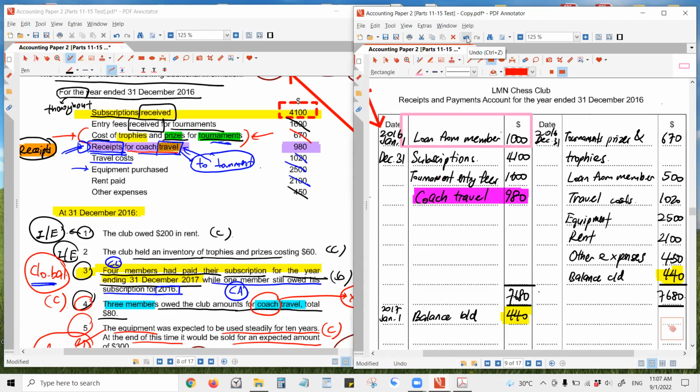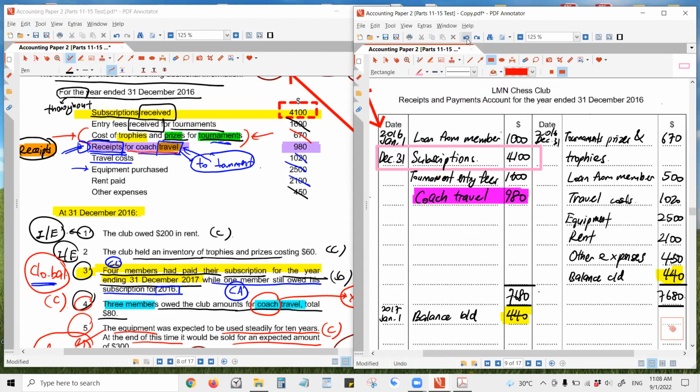I'm looking at the debit side of the receipts and payments account to get to know what my incomes are. Next, subscription. This is an income. So should you pick up this 4,100? No, this is a receipts and payments account, which shows how much you have actually received during the year. But you have to look for the amount that you should receive during the year.